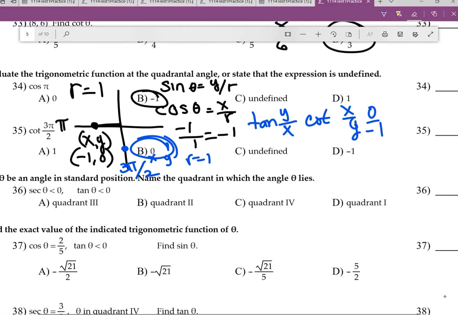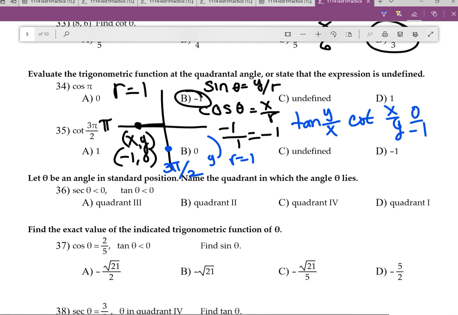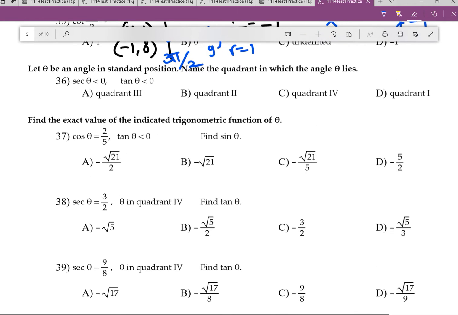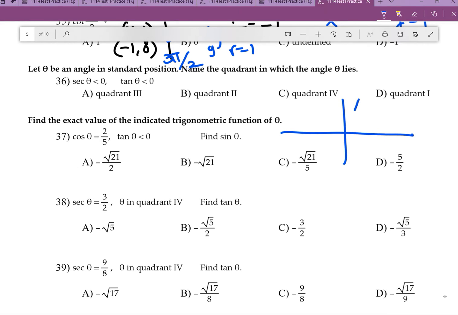Let me erase that so you can see the answer. Okay, now this is simply identifying the quadrant in which the angle resides. So if I were to draw the coordinate plane and remind you of All Students Take Calculus.